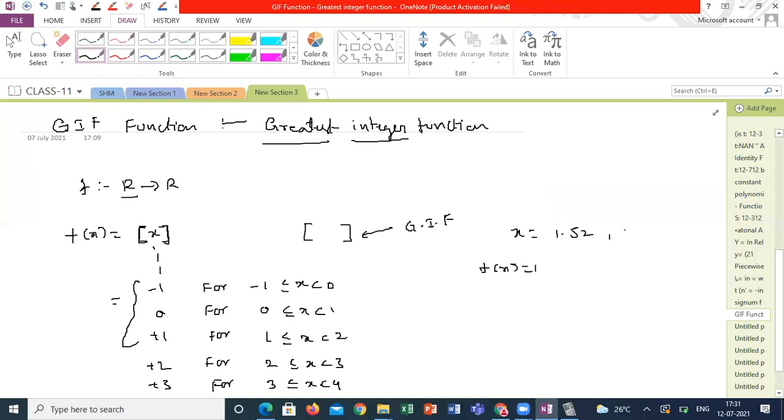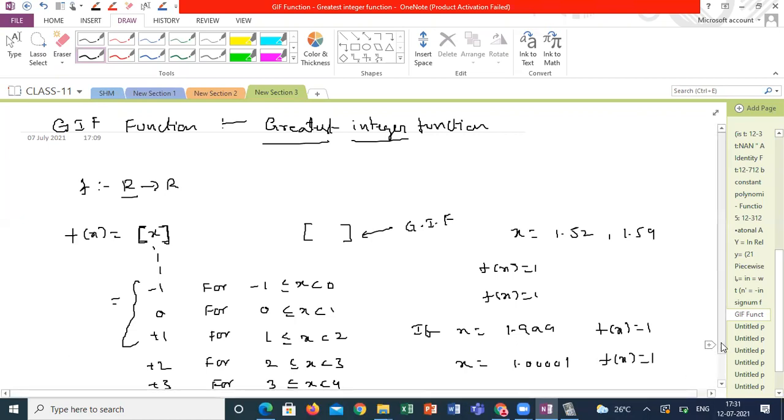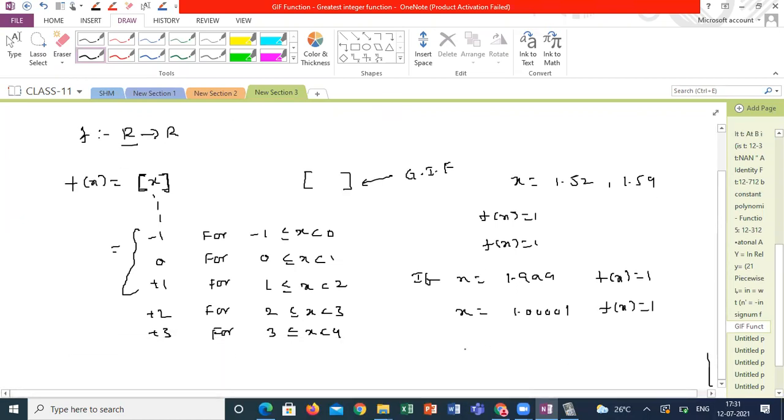If x is 1.59, f of x is 1. If x is 1.99, f of x is 1. If x is 1.00001, f of x is 1. And if x is equal to 1, that is 1.00, f of x is 1.